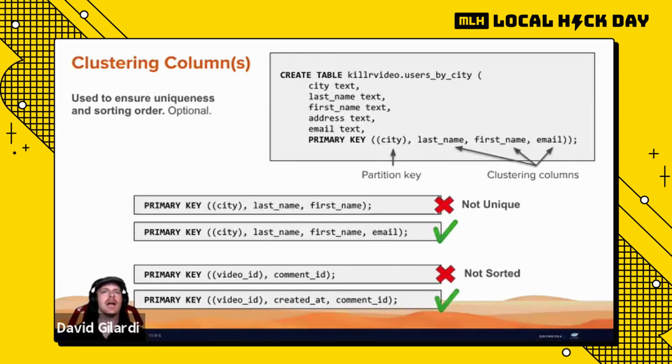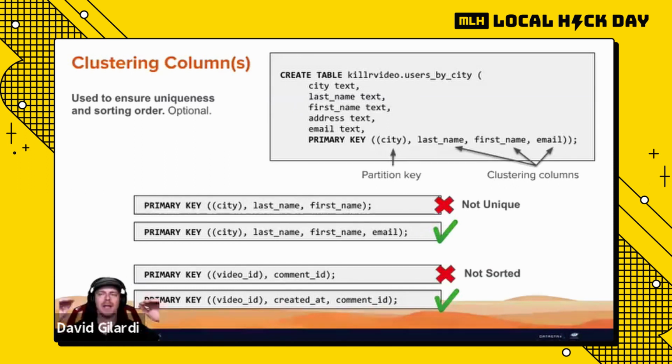Now, if you look at the bottom example, the top one, we were just talking about this a second ago. If I'm going to display comments in my app, I probably want to put them in a time-ordered fashion, right? Because if there's a conversation going on in my video, I don't want the comments just placed randomly. That wouldn't make sense. They generally come in time order. So this is where I can use a clustering column to order the data.